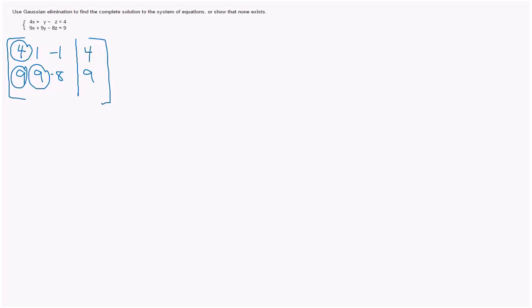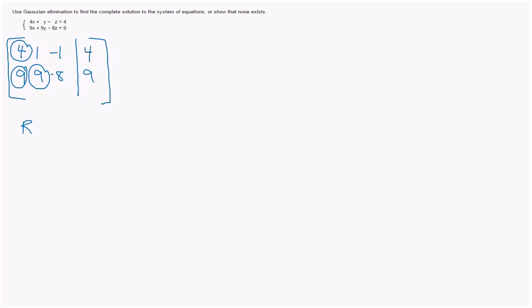I'm going to get a 1 in that first position. What am I going to do here to get a 1? TJ, if I wanted to get a 1 in that 4 position, what's going to be the row operation that I want to do?